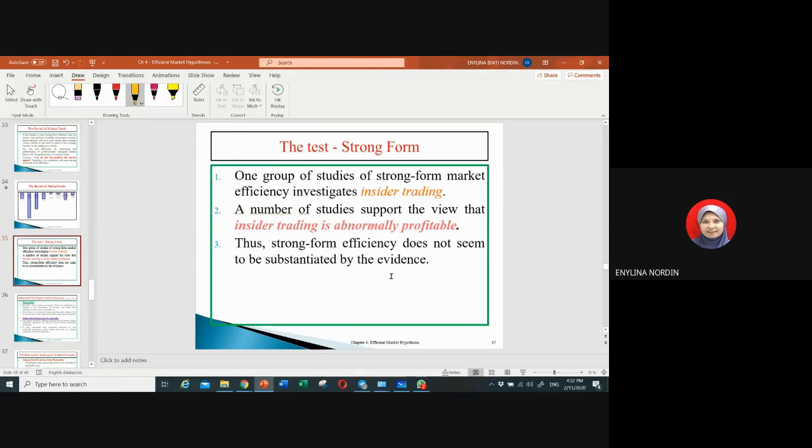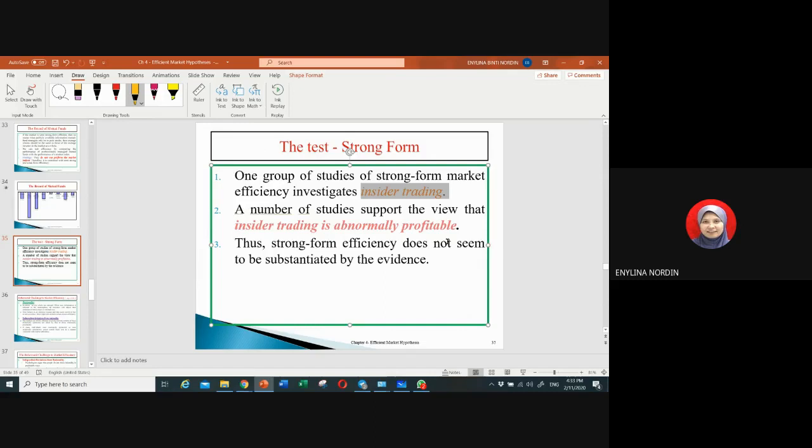Why can strong form not exist? When they study insider trading, what is the meaning of insider trading? They examine whether insider trading can give the investors an extraordinary profit or not.